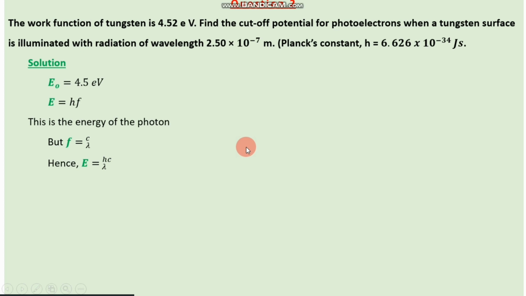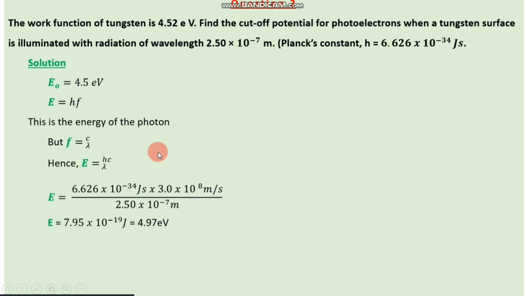Therefore the energy of the photon is given by hc divided by lambda. h and c are constants: h is Planck's constant and c is the speed of light. If we substitute these values in this formula, we get the energy of the photon: 7.95 times 10 to the power negative 19 joules. We can convert that to electron volts by dividing by 1.6 times 10 to the power negative 19 coulombs, and we get the energy of the photon as 4.97 electron volts.